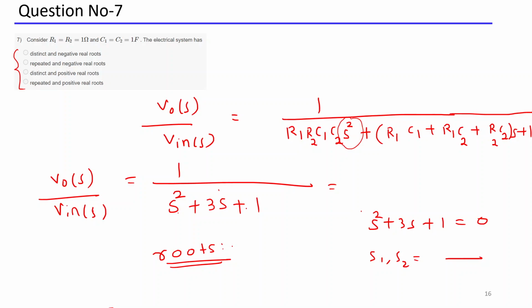It is a stable system, right, sir? Because the inner product is greater than the outer product, right? Yeah, so it's a stable system. So what is the answer, sir? S1, S2.